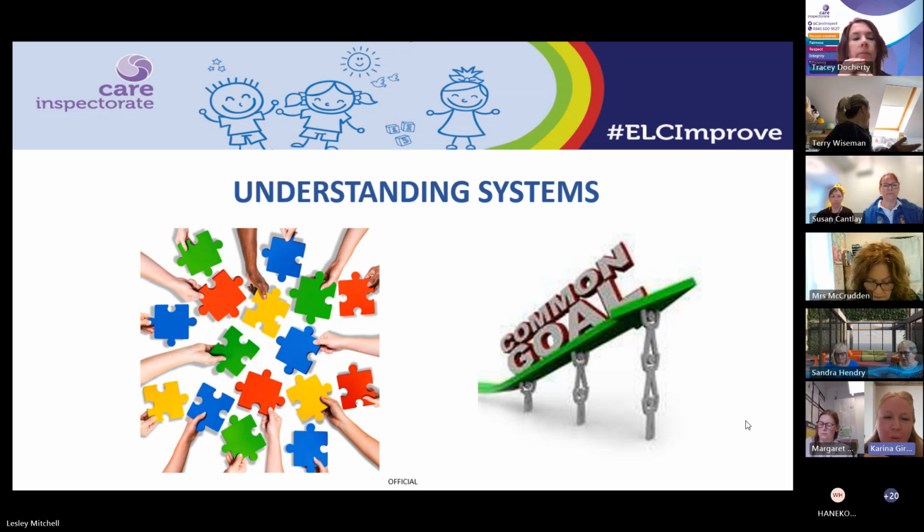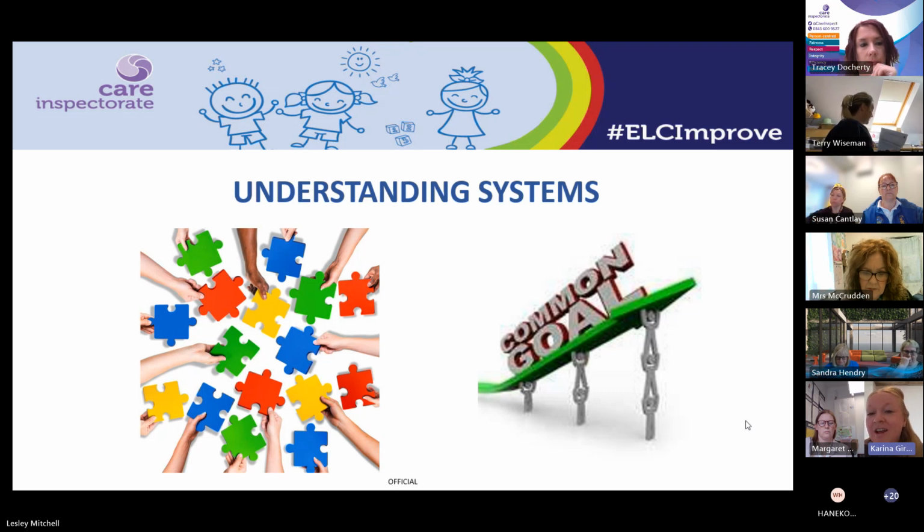When you're looking at your self-evaluation, you need to make sure you're including all your stakeholders. That's your families, your children, your staff, any external agencies, so that you can really evaluate how practice is working within your setting and answer any of those questions. Think of it like a jigsaw that makes a picture.